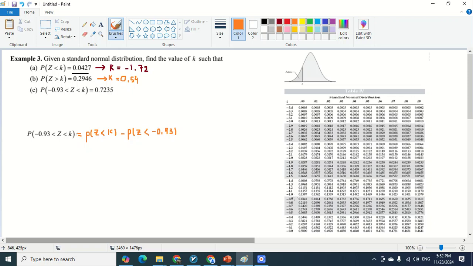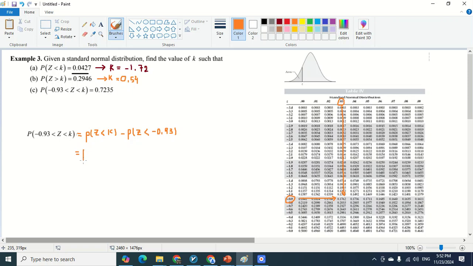The first digit is 0.9 and the second digit is 3. So I should look at the intersection of these two values, and if you just look at it, you can find that value. By sketching a straight line over there, we will find the value.